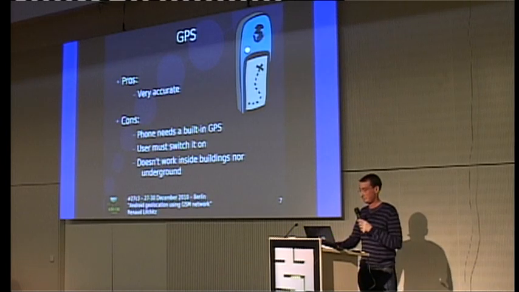This is not the case for all phones nowadays. And the user must switch it on. It's not enabled by default because of the battery consumption. Another problem with the GPS is that it doesn't work inside buildings because you don't have the satellite view, nor underground, for example, in the subways. So you can't locate yourself in the subways or in the buildings. That's a problem.